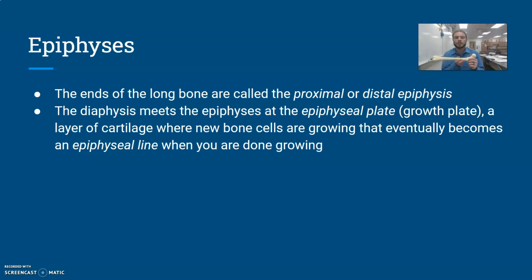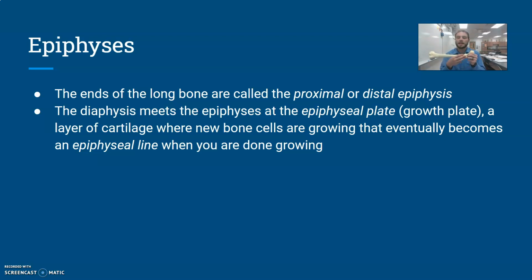But cartilage turns into bone really easily, or your body can turn cartilage cells into bone cells fairly easily. So you have that cartilage running along where the diaphysis meets the epiphysis, and that epiphyseal plate, your growth plate, is constantly turning those cartilage cells into bone cells and then pushing them out, either towards the diaphysis or towards the epiphysis.